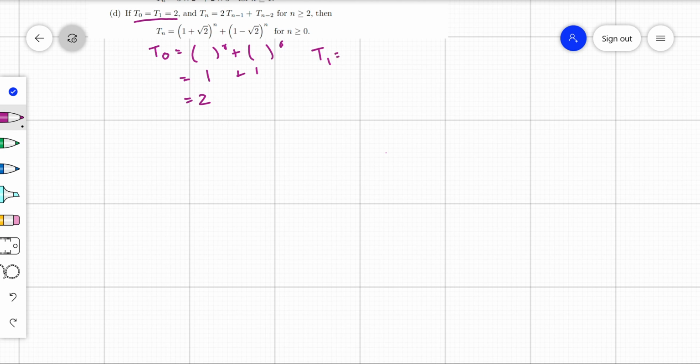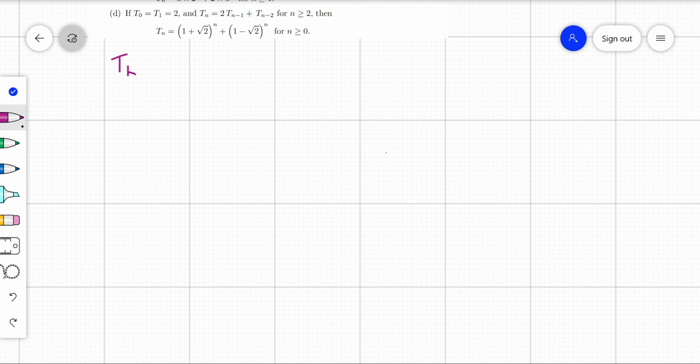And T of 1 is (1 plus root 2) to the power of 1 plus (1 minus root 2) to the power of 1. So we get 1 plus 1 is 2, root 2 minus root 2 is 0, so that works nicely. So we've checked the base cases, and again, we need our two cases that we're assuming are true.